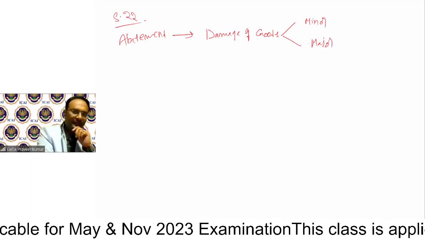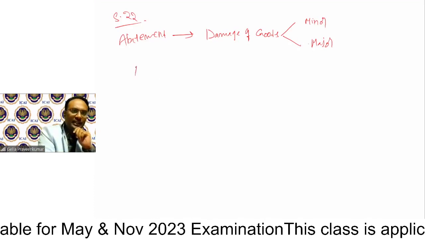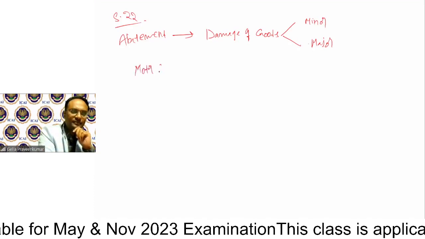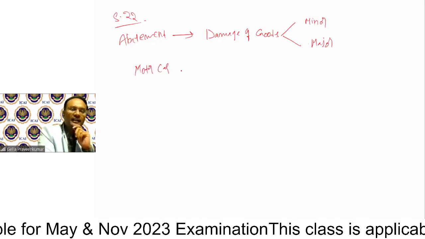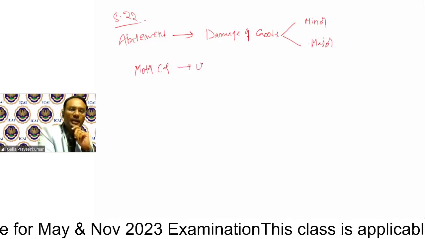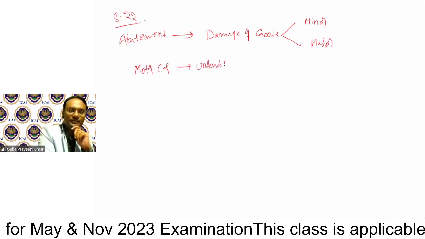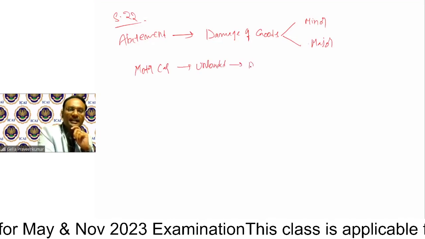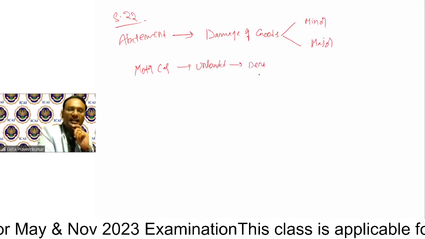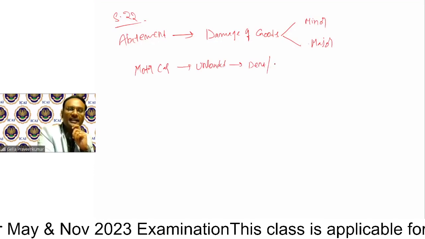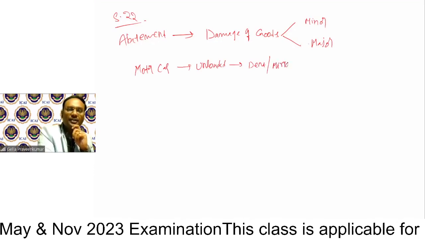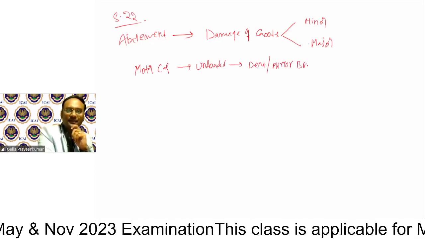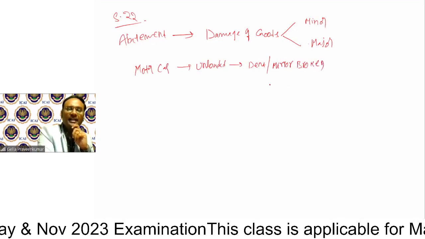For a moment, say there is a motor car. When it is being unloaded, there was a minor dent, or say a mirror got broken. These are all petty damages.